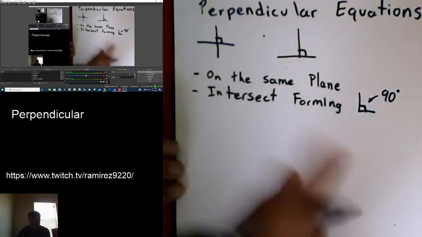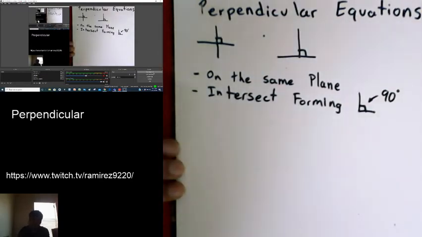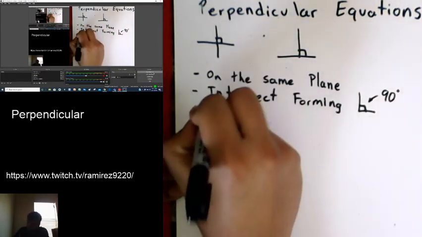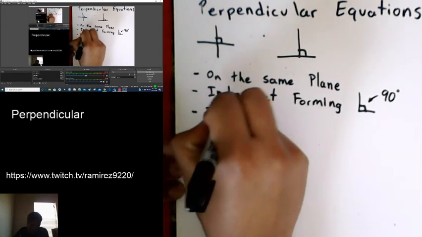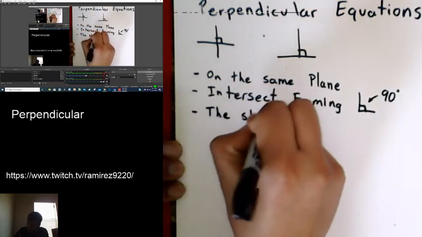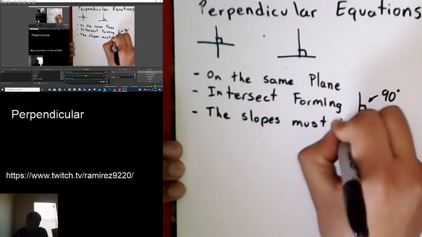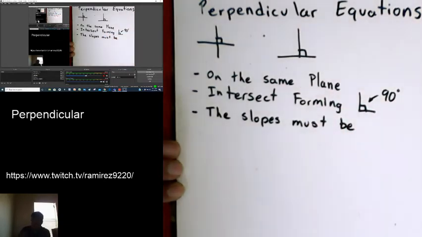But they will only make a 90 if the following is met. So the slopes must be the negative reciprocal, okay? Negative reciprocal.